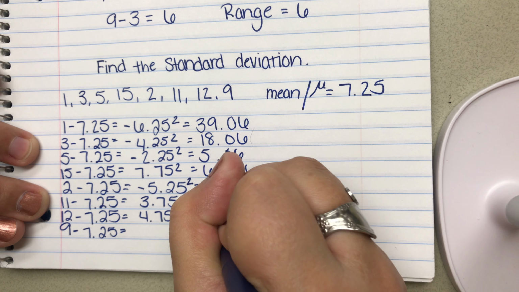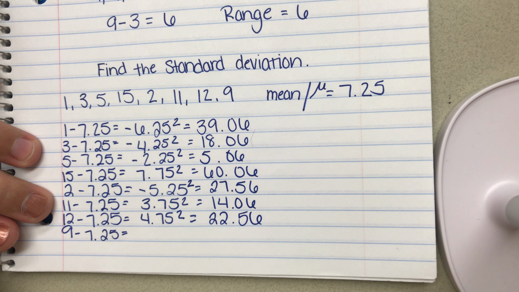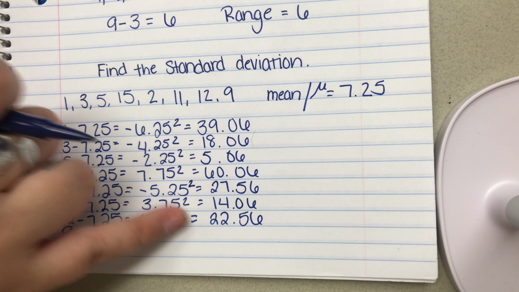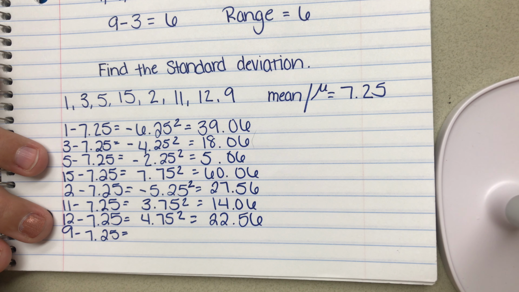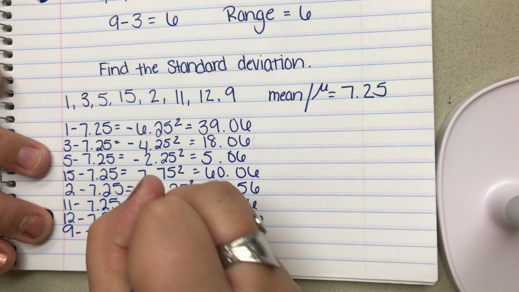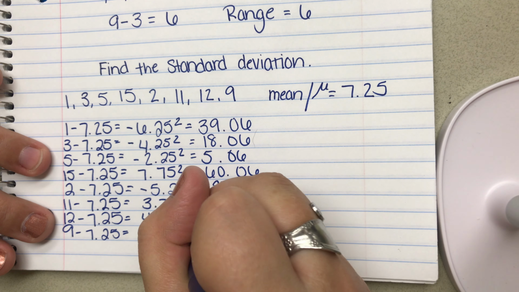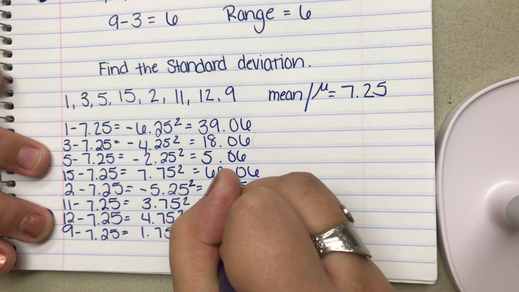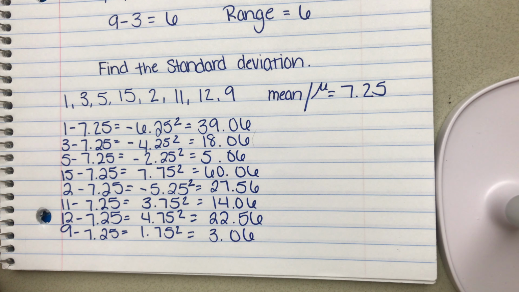That's going to be 22.56. It's weird that those two end in 56. Interesting. Then 9 minus 7.25 gives you 1.75. Square that: 3.06. Okay, I'm super sorry. I know that that was long.